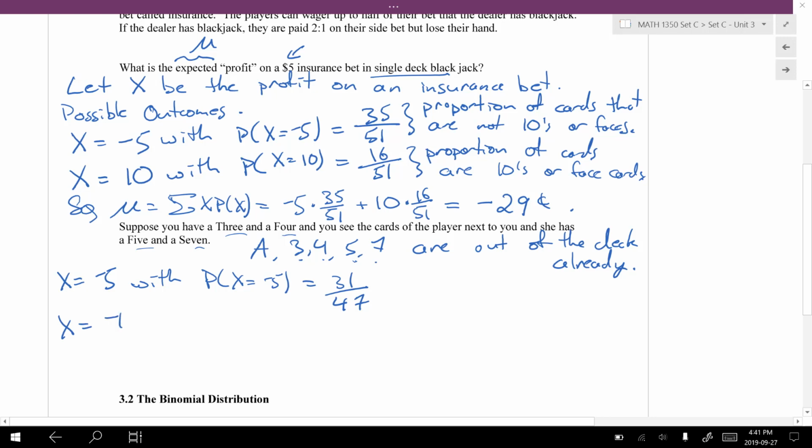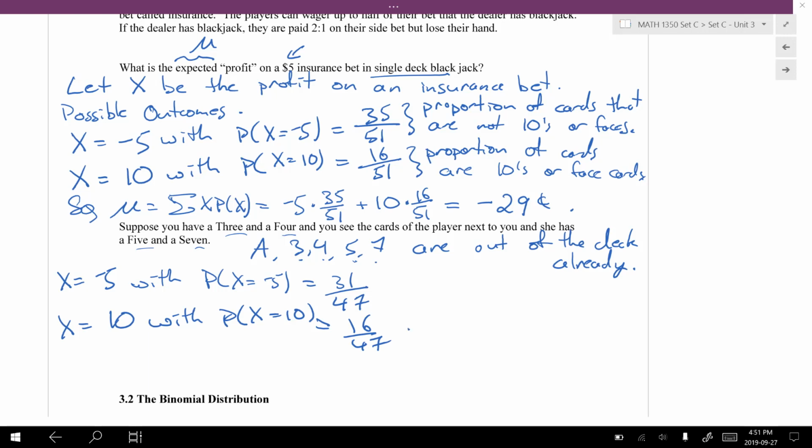We can do the same for winning. Hopefully one of them is positive. So we can have 10 here with some probability being 16 over 47.